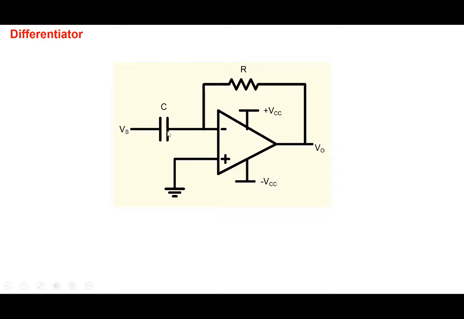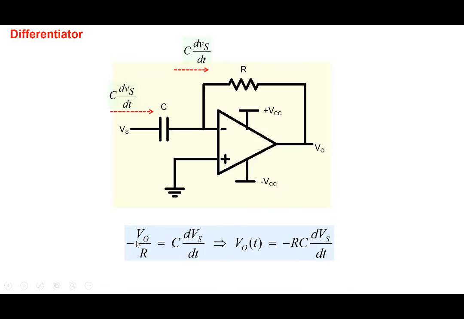All that it requires is a shifting of the capacitor. The current through the capacitor, noting that this node is again 0, is C dVs by dt. The same current flows through the resistor, and then we write Ohm's law: minus V0 by R equals C dVs by dt.